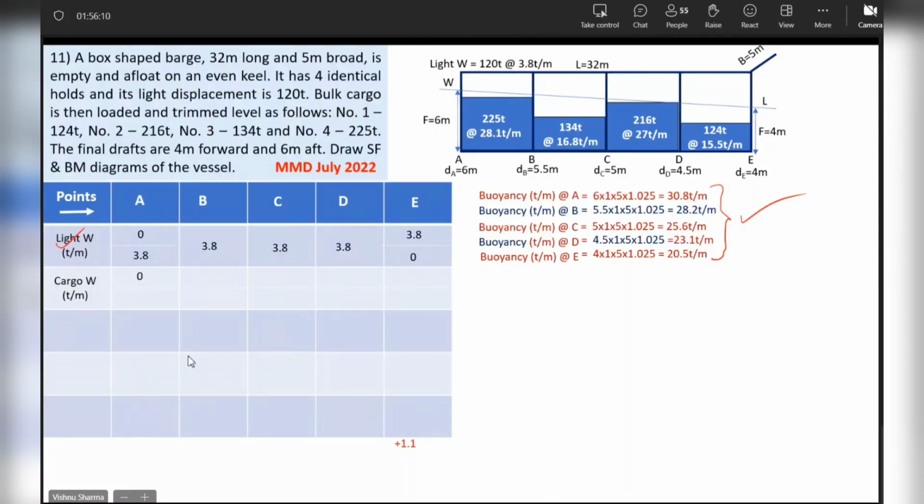So 0, 28.1. All these, you can look at the diagram. The diagram is able to help you in filling up these cells. No change as far as what we learned yesterday about these 2 rows. This gives us the total weight acting downwards. We do the algebra, summation of these 2.